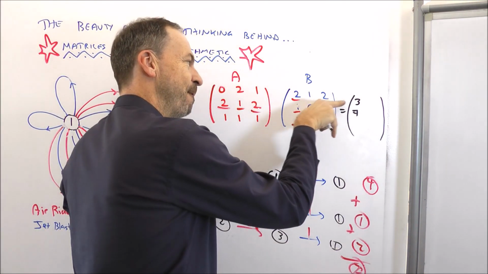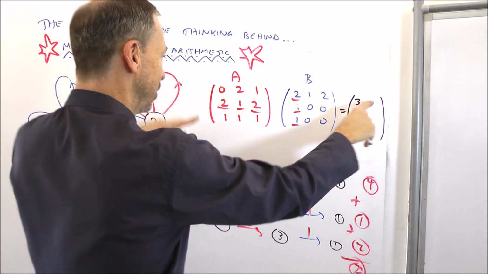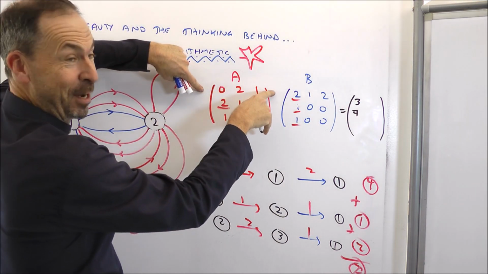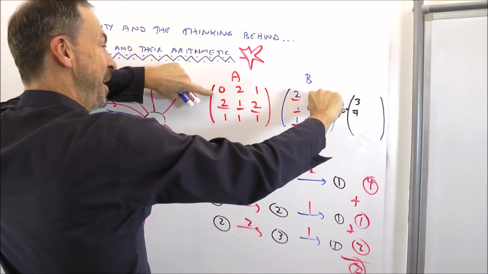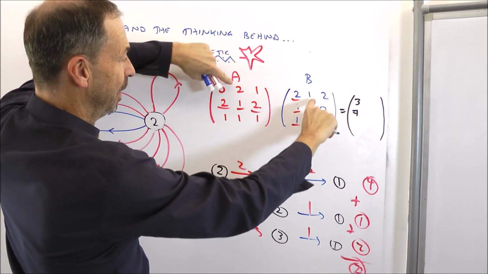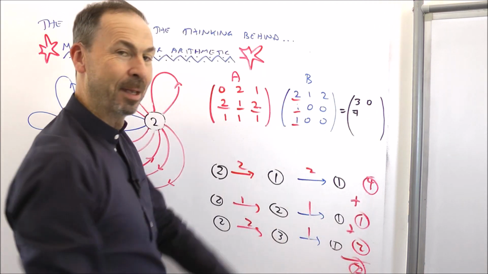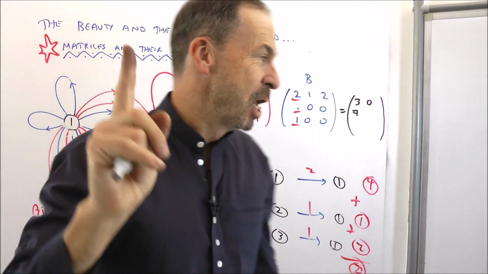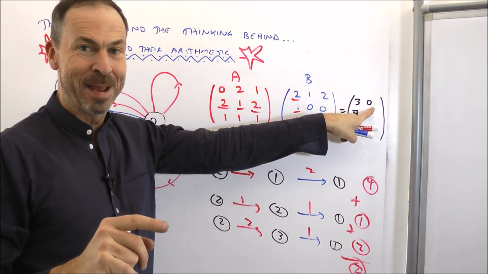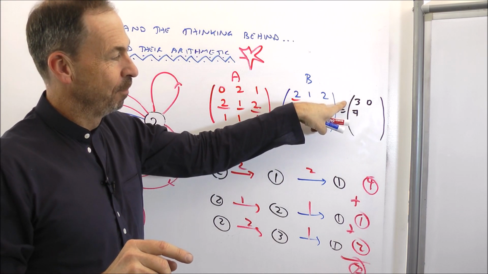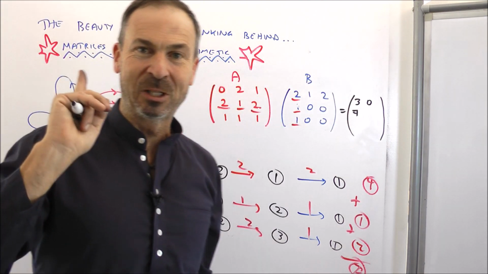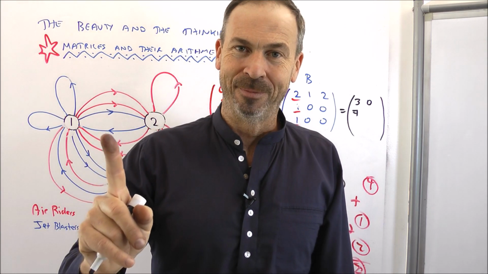To do, say, first row, second column, just do literally first row of matrix A, second column of matrix B, and add them up in turn. 0 times 1 is 0, 2 times 0 is 0, 1 times 0 is 0. Apparently, there are no ways, it's impossible for me to go from city 1 to city 2 by first going red and then going blue.